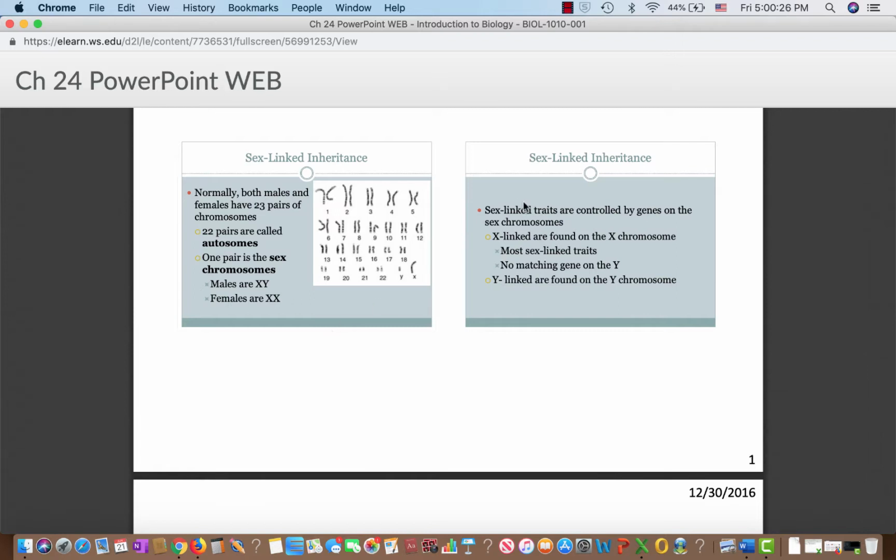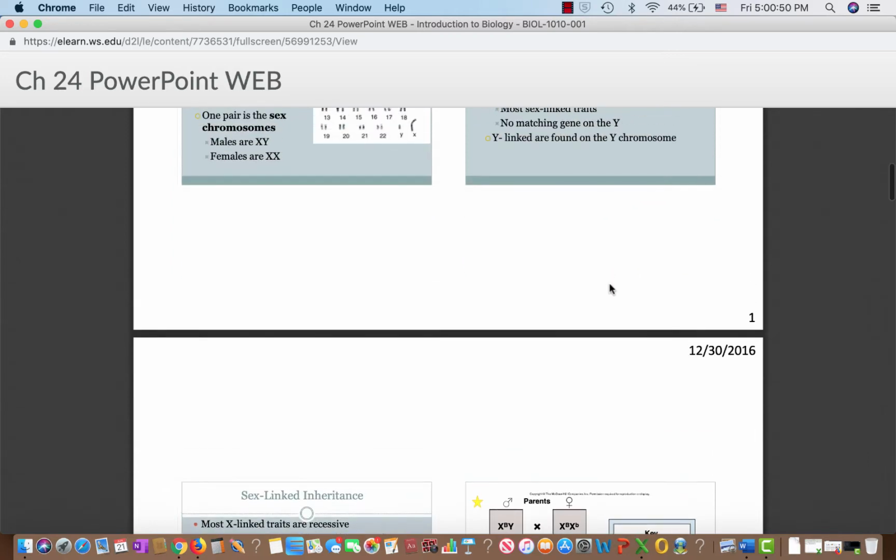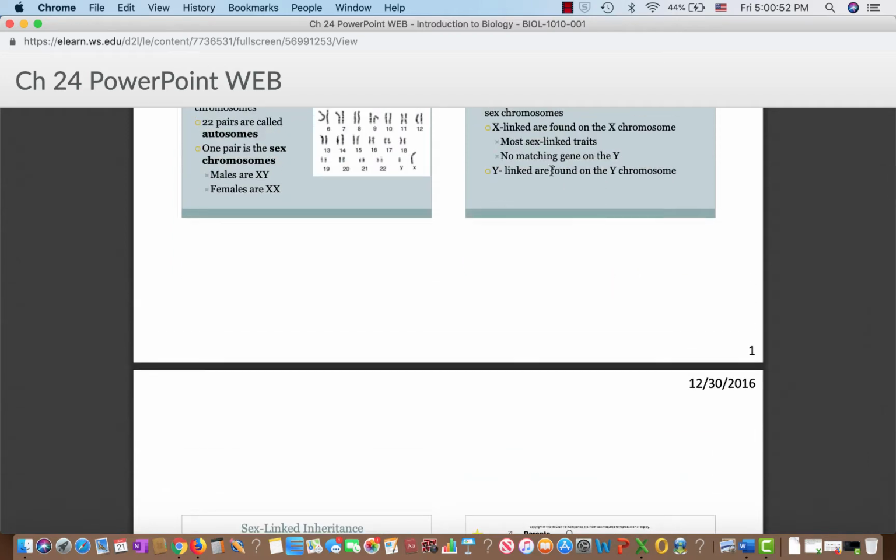The genes that are on your sex chromosomes are referred to as sex-linked traits. X-linked are on the X chromosome, and that's the majority of them because the X chromosome is just so much bigger than the Y chromosome, and there are no matching genes for it on the Y chromosome, and the Y-linked traits are found on the Y chromosome, and again, there's not a lot there.